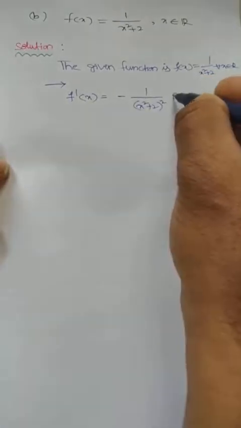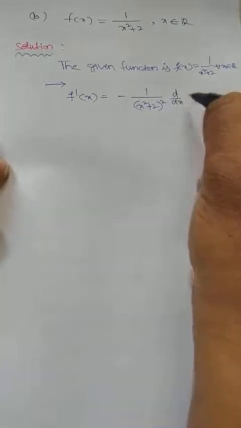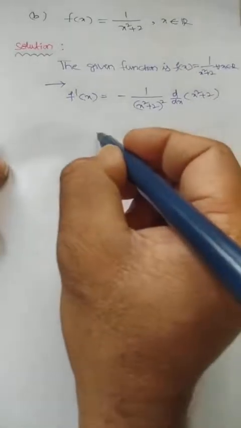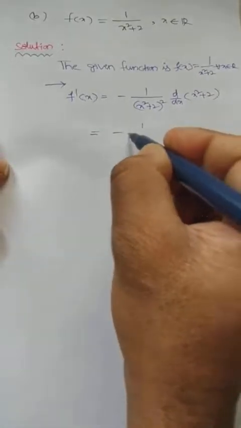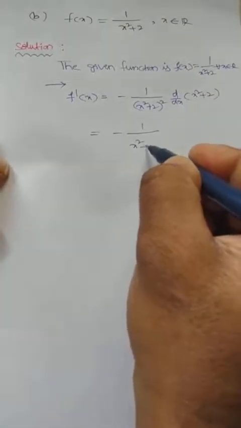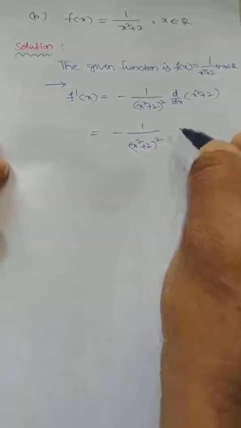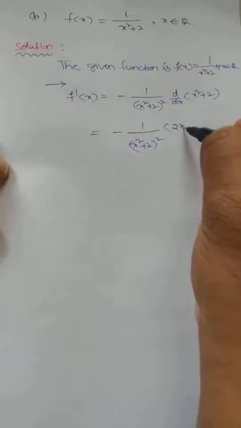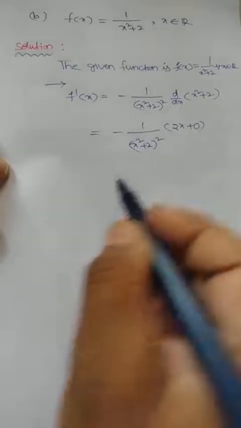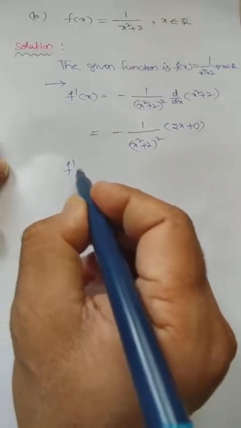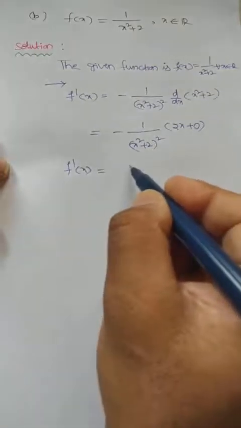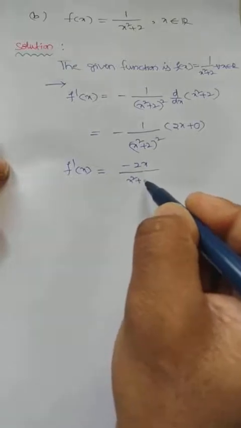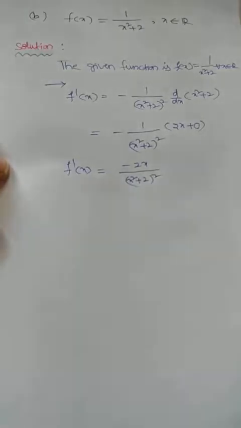Again we have to differentiate d by dx of x square plus 2 now. Okay, are you following? Now minus 1 by x square plus 2 whole square into what we are getting? x square derivative is 2x, and 2 derivative is 0. So what is our f dash of x? It is equal to minus 2x by x square plus 2 whole square.